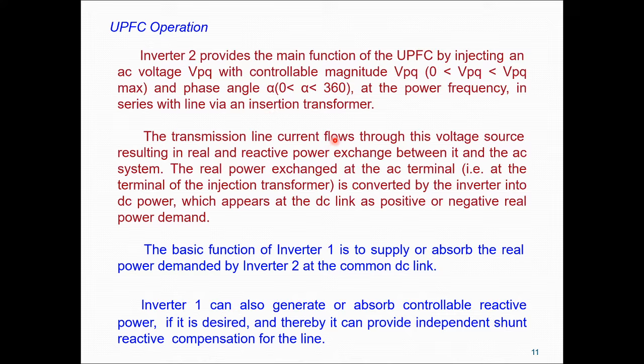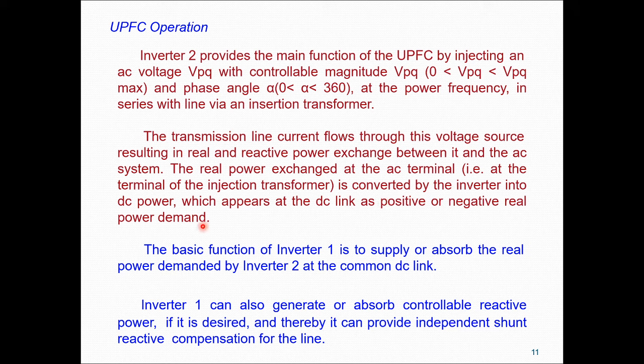The transmission line current flows through this voltage source, resulting in real and reactive power exchange between it and the AC system. The real power exchange at the AC terminals is converted by the inverter into DC power, which appears at the DC link as positive or negative real power demand.